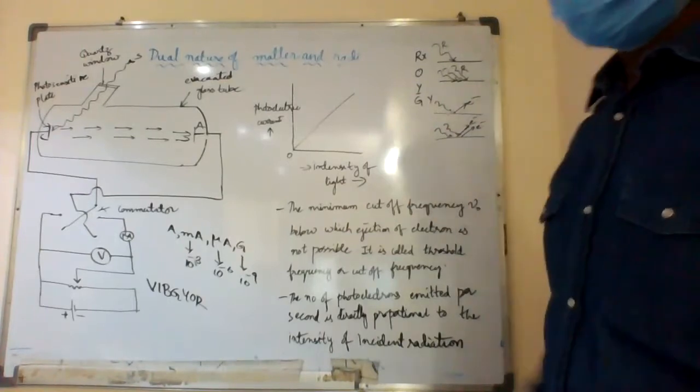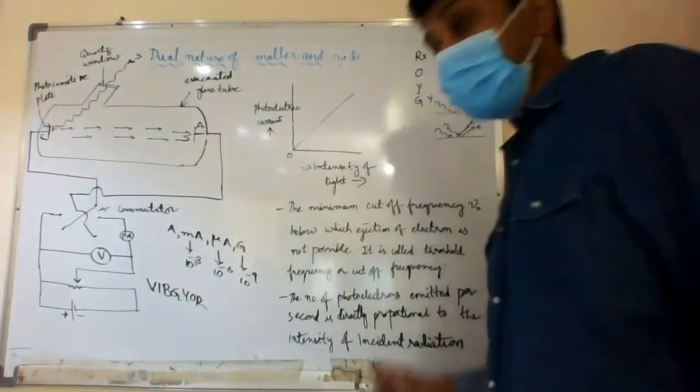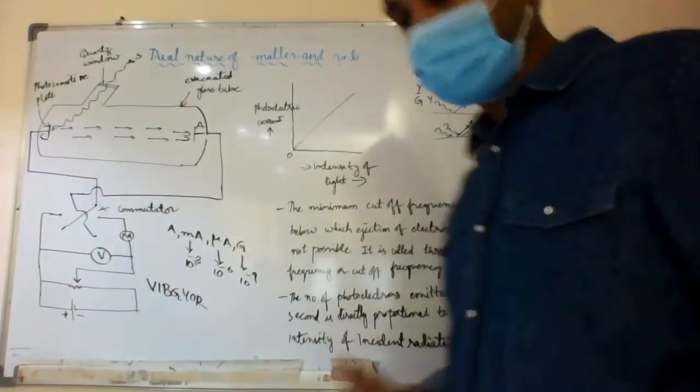Okay. Now, next one is effect of potential on photoelectric current. Let's finish off this. Did you write this? Okay.